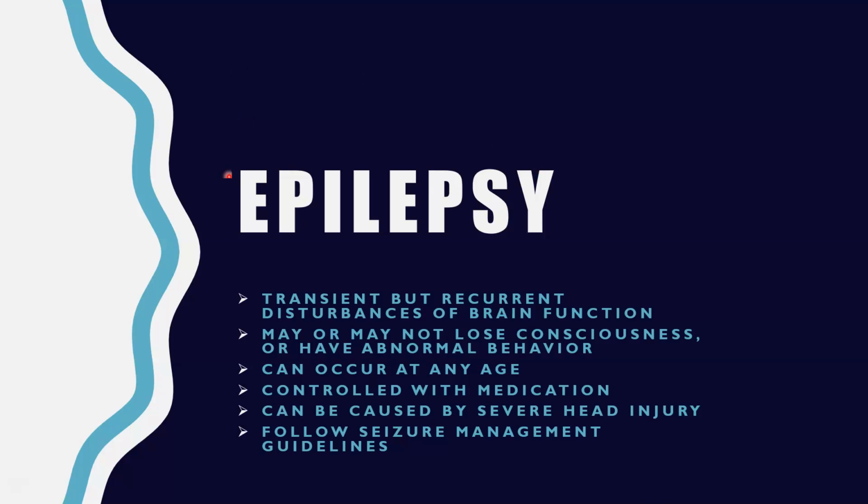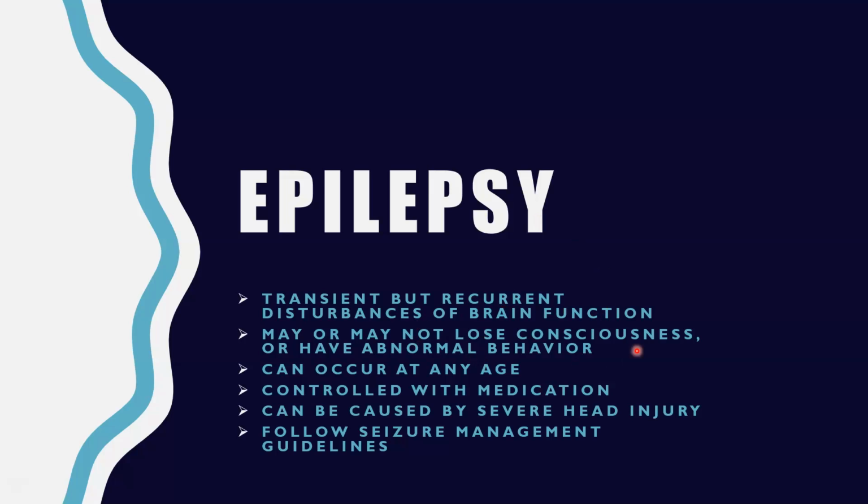So next, we're going to talk about epilepsy. Epilepsy is just transient but reoccurring disturbances of brain function, and it's associated with seizures. So we're going to talk about seizures mainly, with epilepsy being one of the causes of seizures.